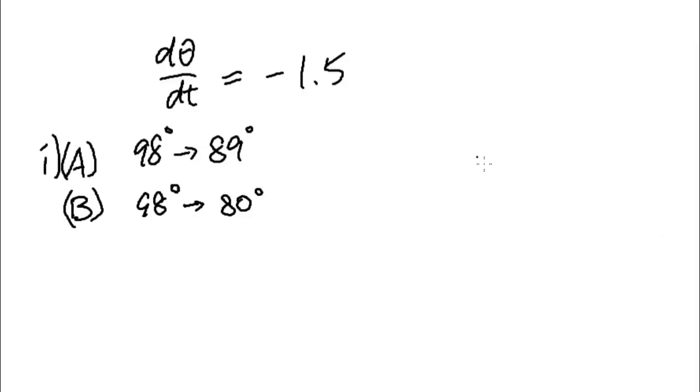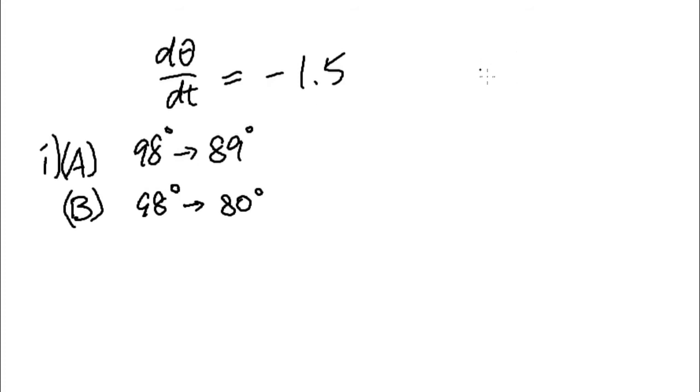So for the first bit, we need to find if it is a straight line, how long does it take? So basically we just want to find the amount of change in theta, divide that by every 1.5 to get the change in time.